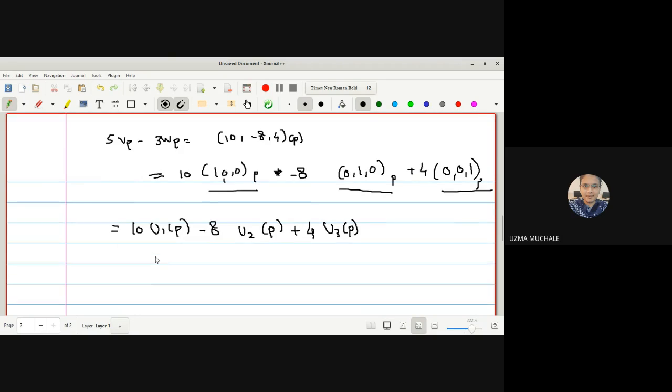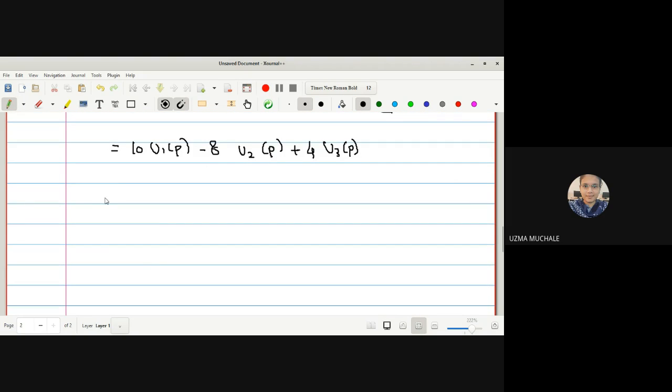Okay, let me give you one more example. V is equal to the vector minus 1 0 1, and W is another vector 2 0 3.